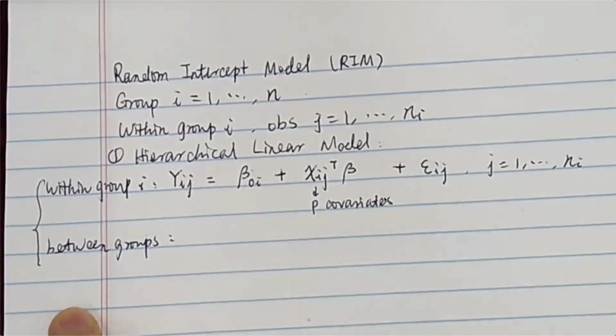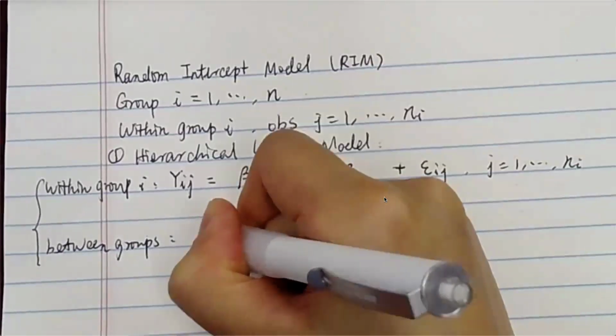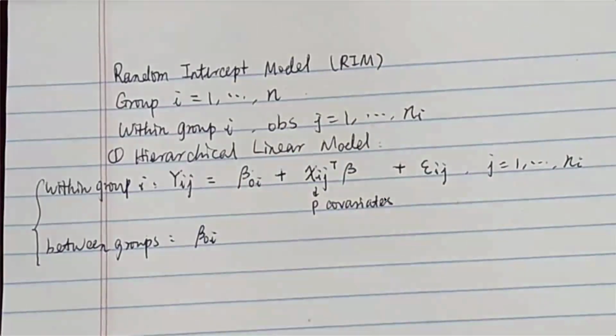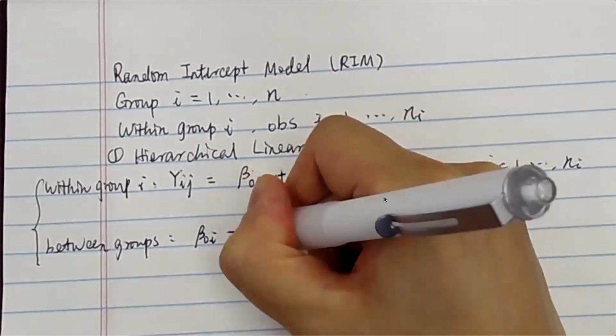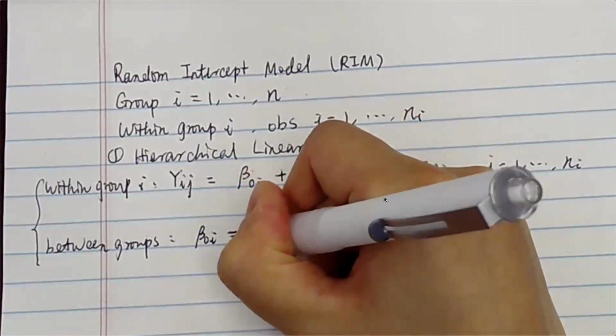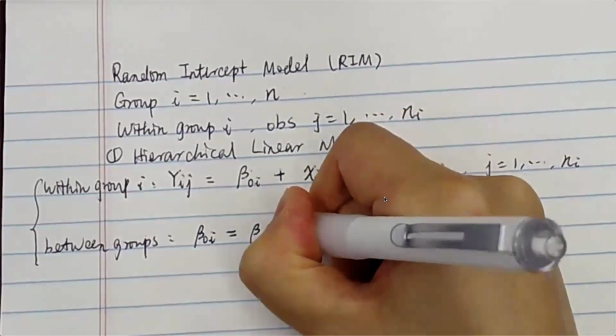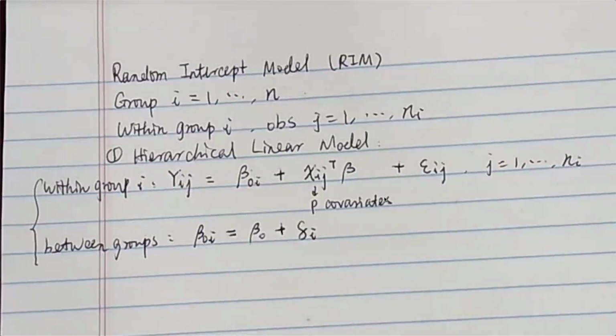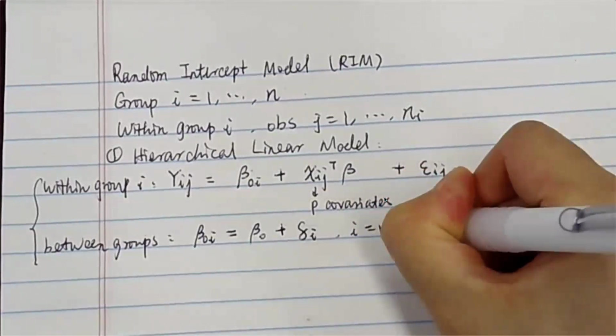Therefore, to reduce the number of parameters and to allow us to borrow information across the groups, we assume that these beta_0i follow a distribution with mean beta_0 and the error term indicated by delta_i. And in this layer, i goes from 1 to m.